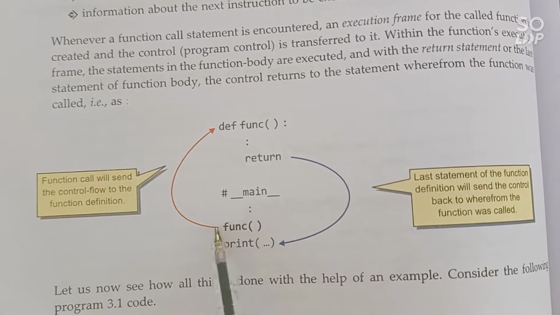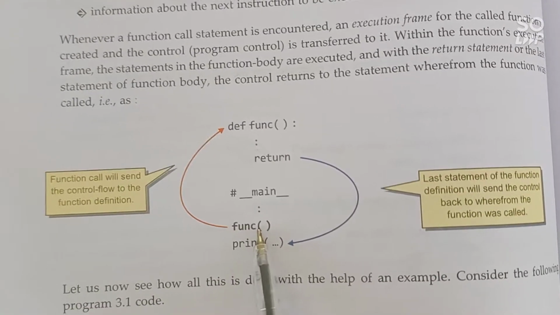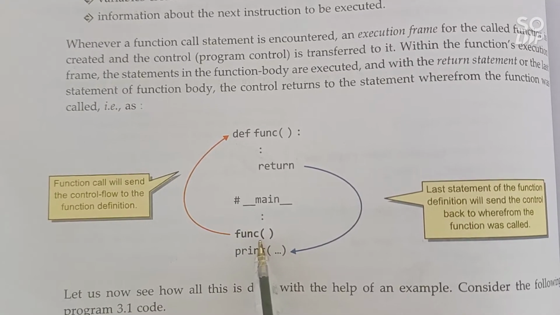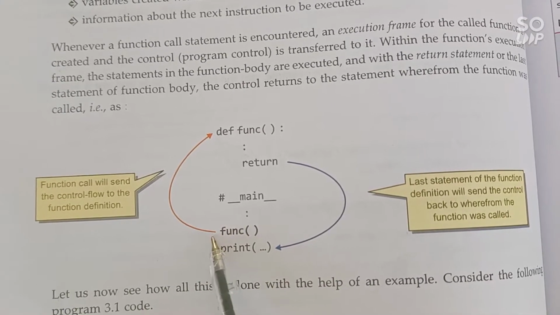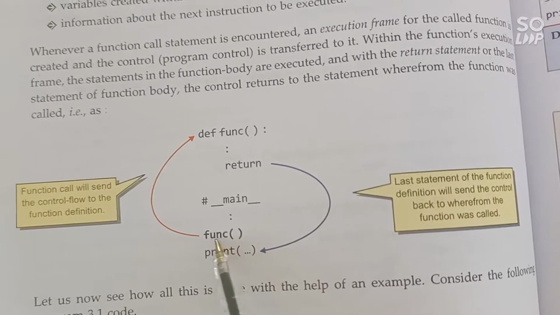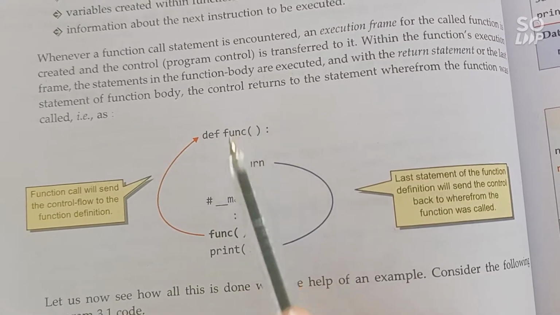So what is happening in this statement? This is a function call. When we invoke a function or when we call a function, then control passes to the location where the function is defined. So this function is defined where? It's defined here, right?